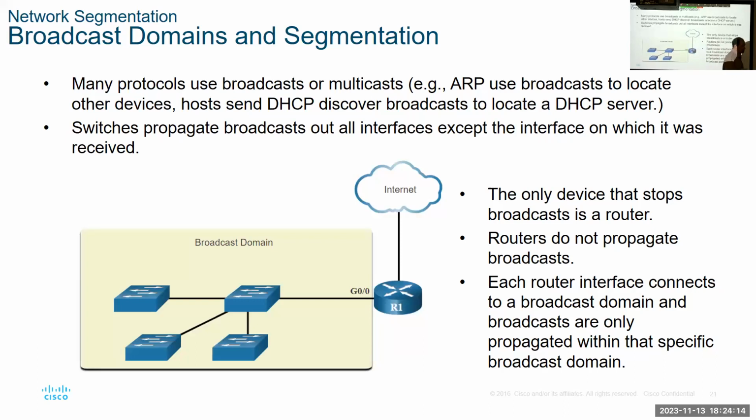Well, when it's a unicast, the NIC will see the destination MAC address, and if it doesn't match its own MAC address, it just throws it out. But if it's a broadcast, it has to send it up to the upper layers because it doesn't know if that broadcast is important to that computer. So it has to send it to the upper layers, which causes an interrupt in the computer. Everybody stops what they're doing, reads the packet, and sees if something has to happen with that packet. And you get enough of those happening at one time, and the computer just does nothing but service broadcasts.